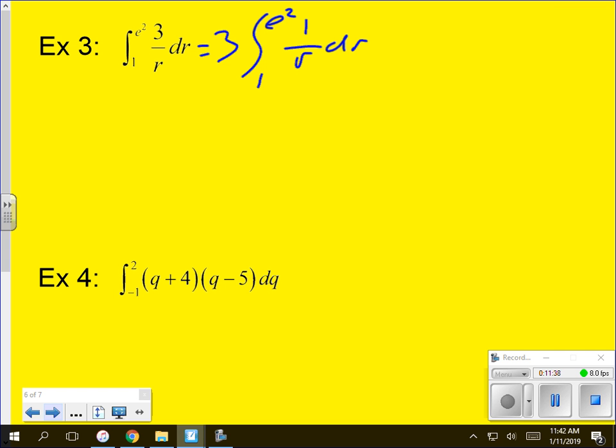What is the antiderivative of 1 over r? ln of r. If you have a 3 in there, sometimes it throws people off. So this is equal to 3 times the natural log of r, evaluated from 1 to e squared.